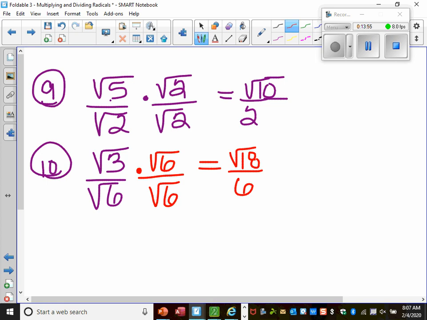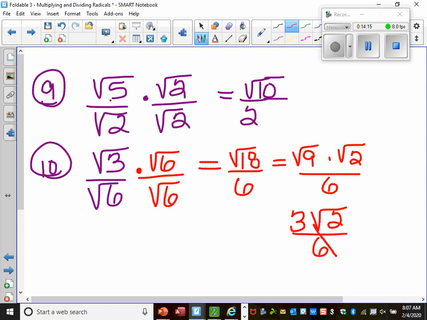Now, 18 is not in simplest form, correct? Okay, how can I break down the 18? 9 and 2, just like you did on your quiz. Okay, what's the square root of 9? Take that out, 3 rad 2 over 6. And then I can reduce these because both of them are outside of the radical. So my final answer would be rad 2 over 2, because you're going to reduce 3 over 6 to 1/2. You don't need the invisible 1. Okay.